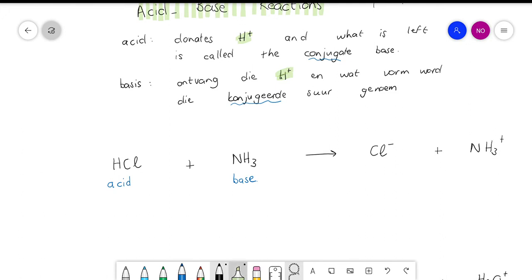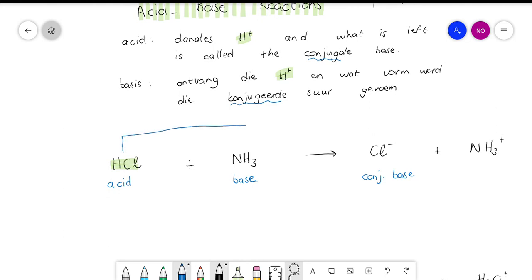Now let's focus on this. So since we say the acid donates the proton, it means that if it donated the proton, we'll be left with just the Cl, or actually the Cl minus, meaning that this has to be the conjugate base of this acid.